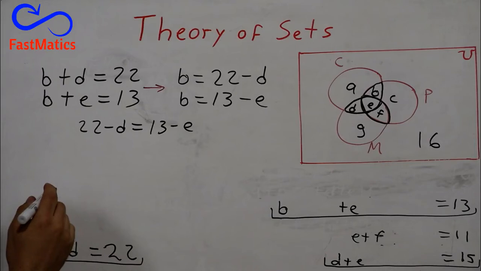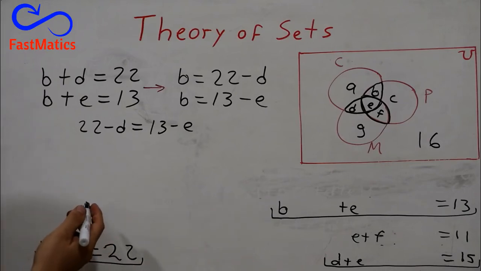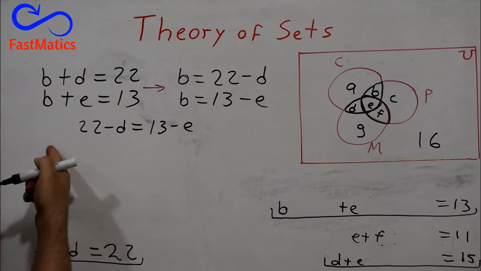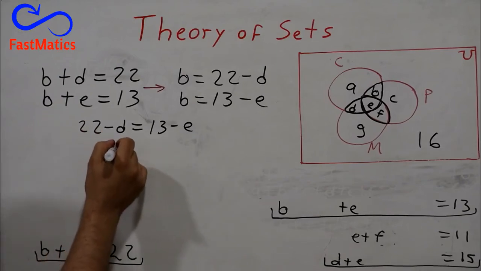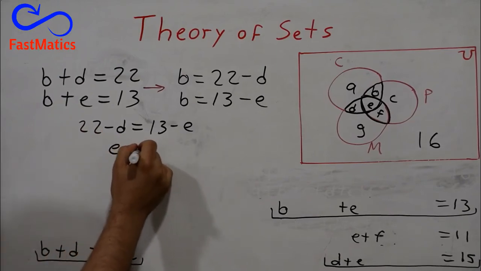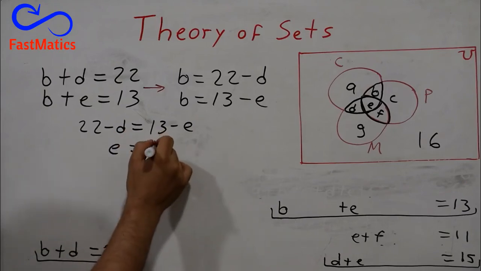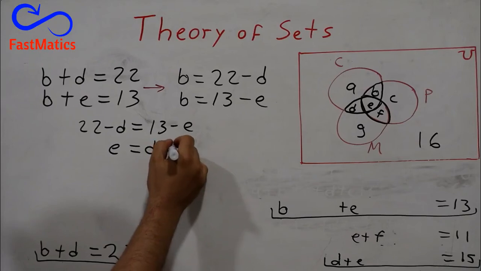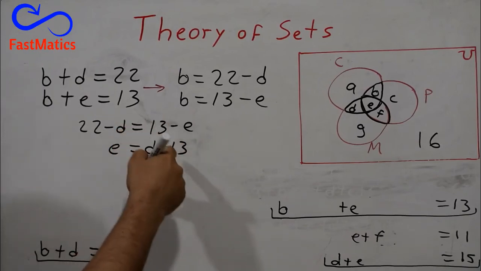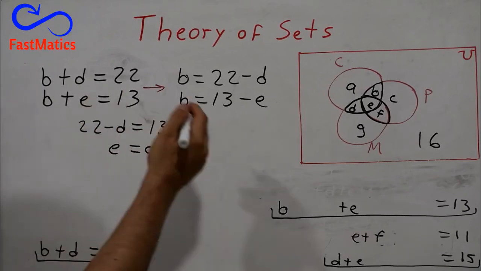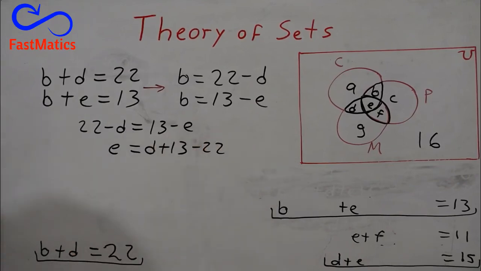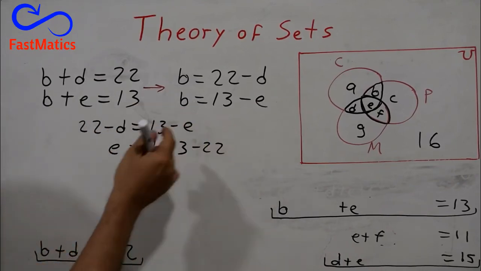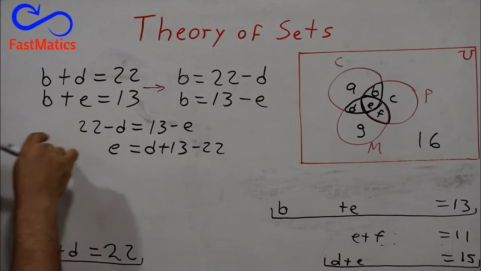Then I can say that E can pass to the left side and D can pass to the right side, and 13 is here and minus 22 here, because I can pass the 22 to the other side but changing the sign.